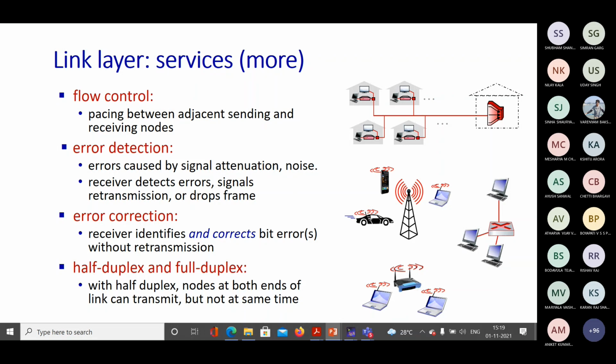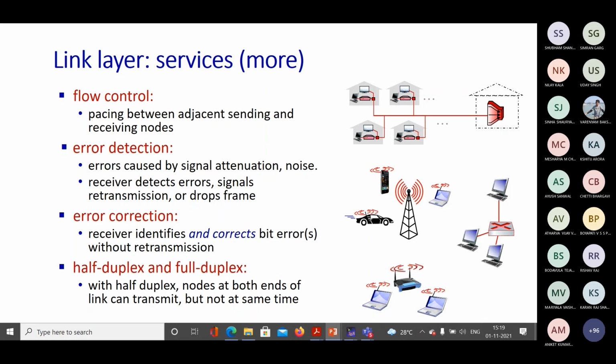So the receivers should be able to detect the errors and then ask for a retransmission, or they can drop the frame. On top of that, instead of simply asking for retransmission or dropping the frame, you can also do error correction. The receiver identifies and corrects the bit errors without asking for a retransmission.